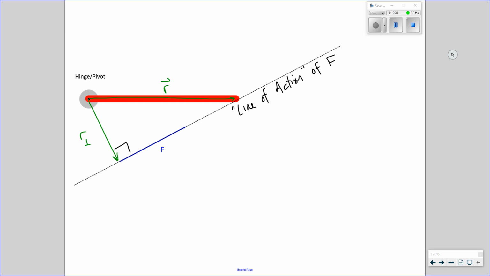And r perp here is called either the lever arm or the moment arm.